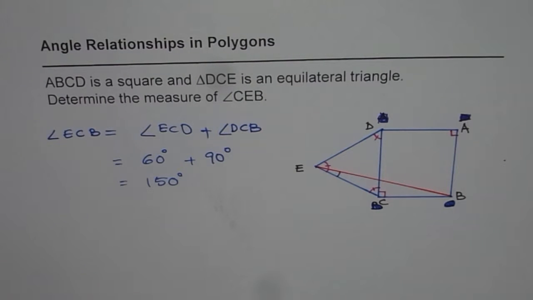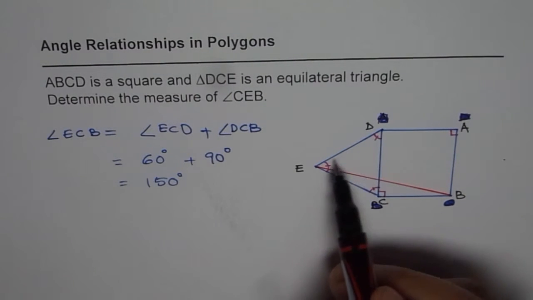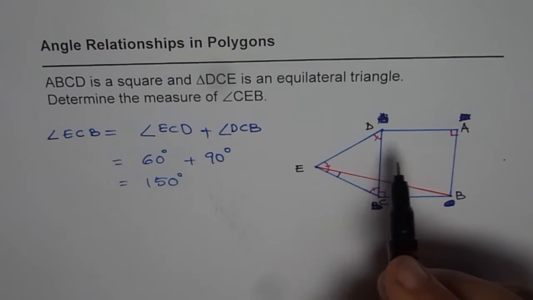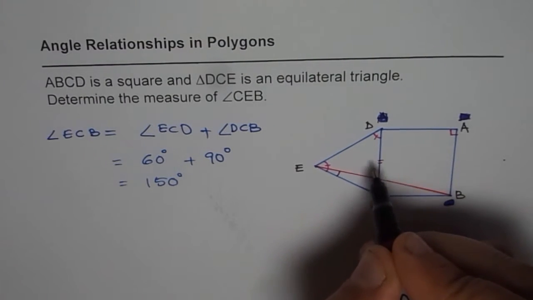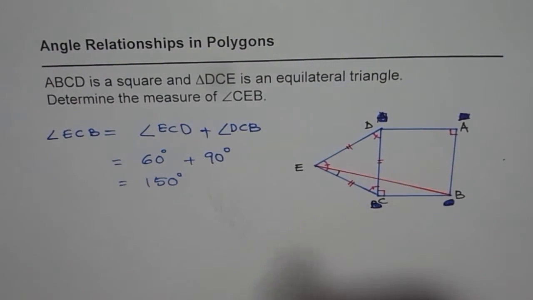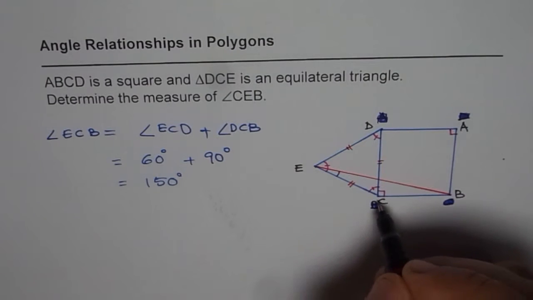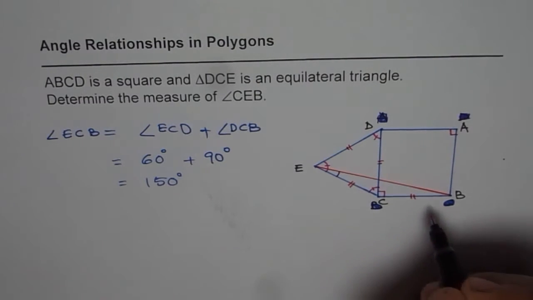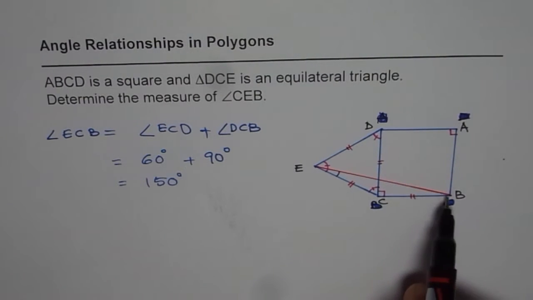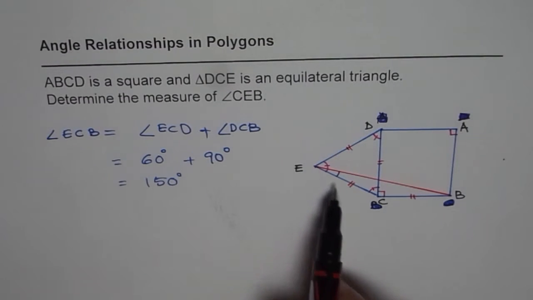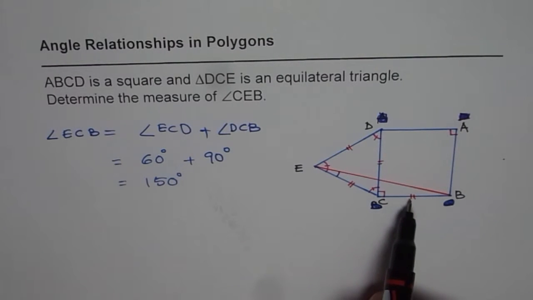The other thing we know is that the triangle DCE is equilateral. That means all sides are equal, right? Now in a square also, all sides are equal. That means DC should also be equal to CB, right? If DC is equal to CB, then the triangle ECB is an isosceles triangle. Do you appreciate that?